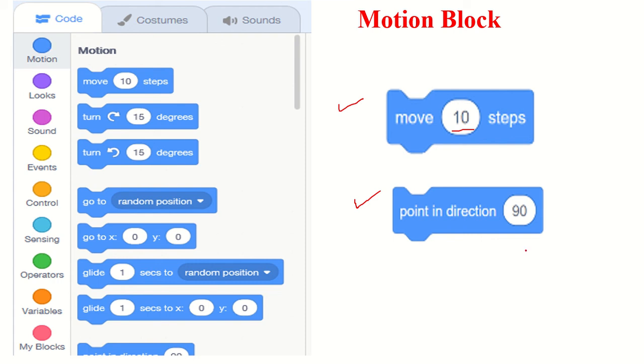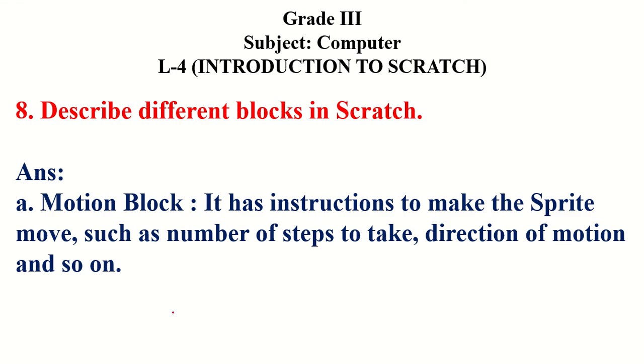By changing the number here, you can change the direction of the sprite as well. Not only these 2 instructions, the motion block has so many instructions in it. So if you want to move the sprite, then you have to take the instruction from the motion block. So the motion block has instructions to make the sprite move.